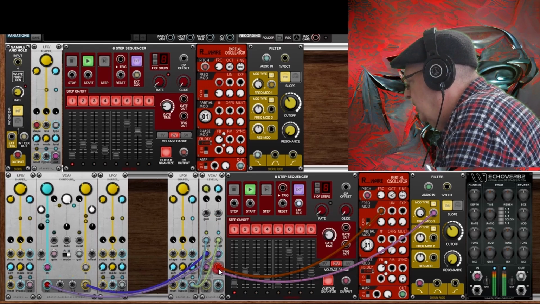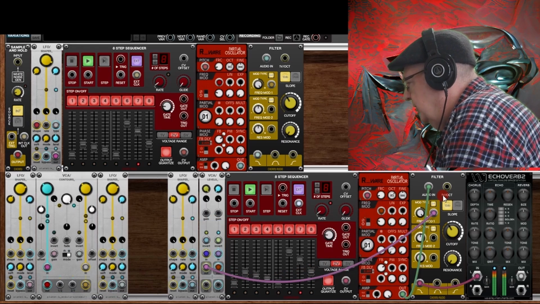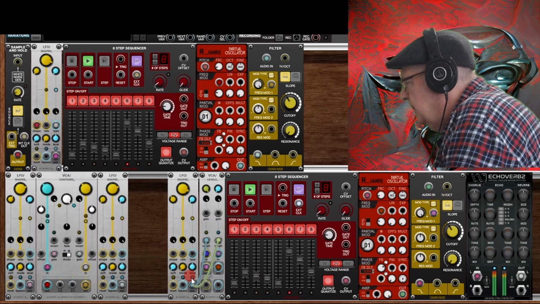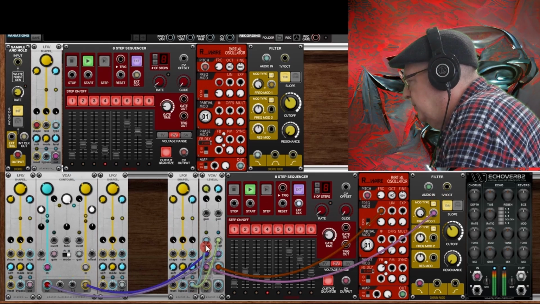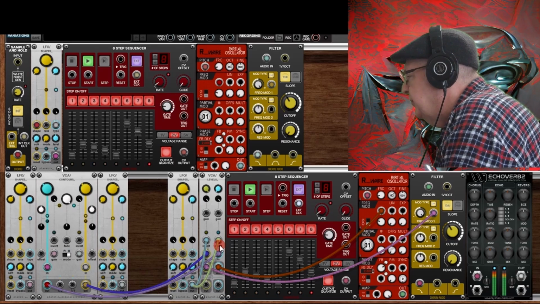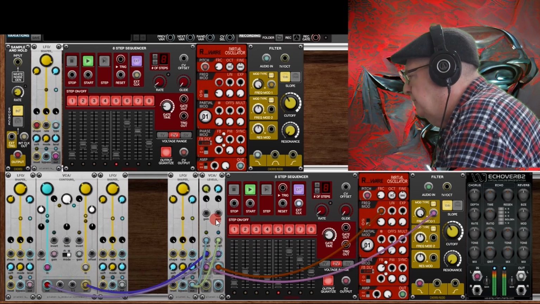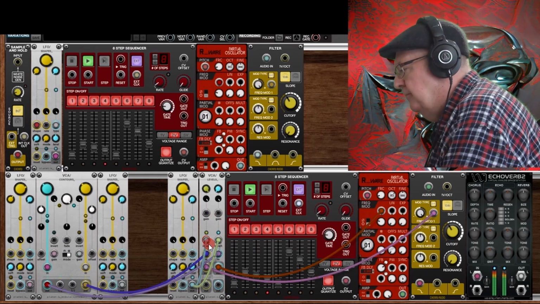From there, it goes to the partial oscillator and to the filter. And the square wave of this LFO is patched into the invert input jacks to invert the CV signal that goes to the second voice, inverting it from time to time.